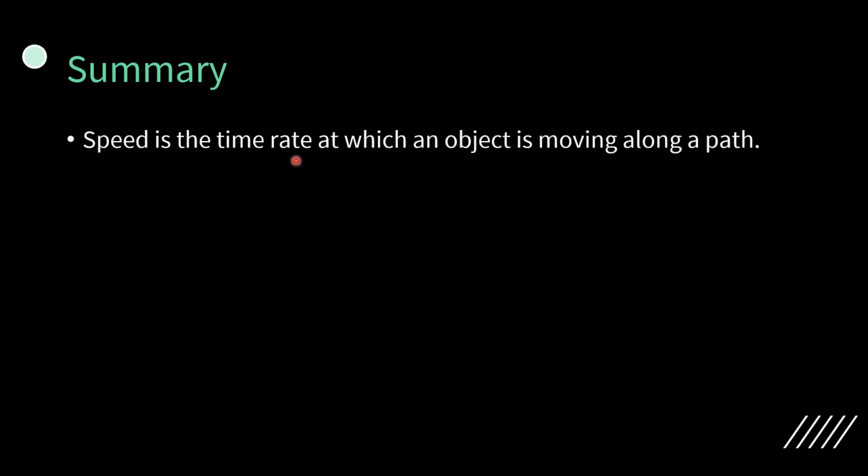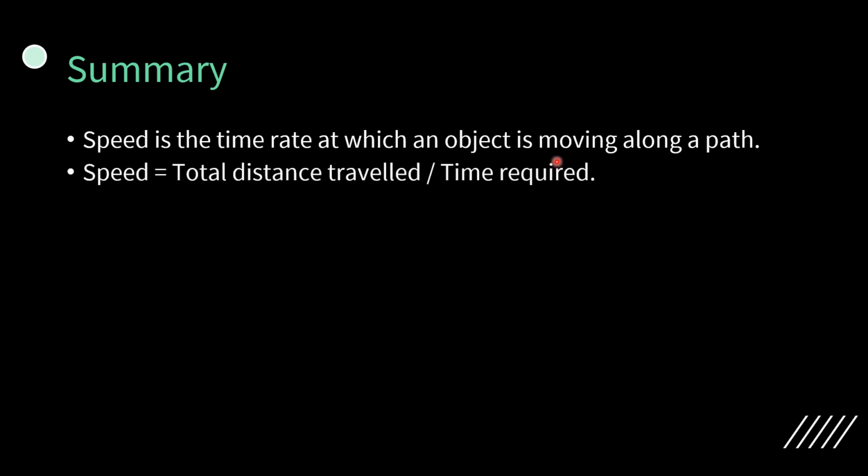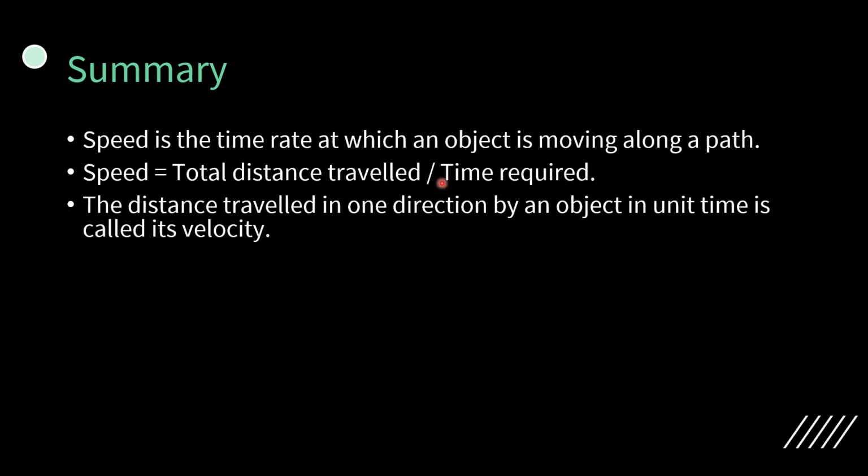Speed is the rate at which an object is moving along a path. It can be calculated by total distance travelled upon the time required. Velocity is the distance travelled in one direction by an object in unit time. It can be calculated as displacement upon unit time.